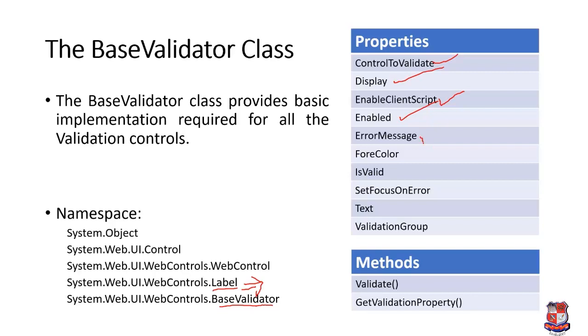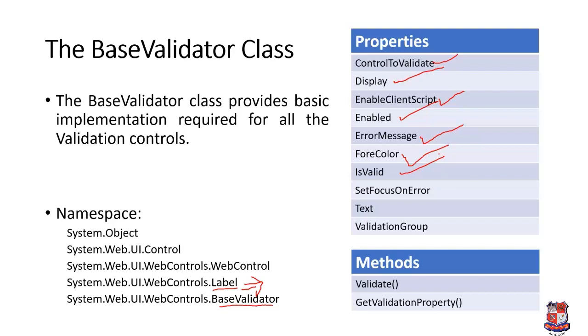Next is Enabled. It is used to handle a value that indicates whether or not the validation control is enabled. Next is ErrorMessage. It is used to handle the text for the error message displayed in a validation summary control when validation fails. Next is ForeColor. It is used to handle the color of the message displayed when validation fails. Next is IsValid.